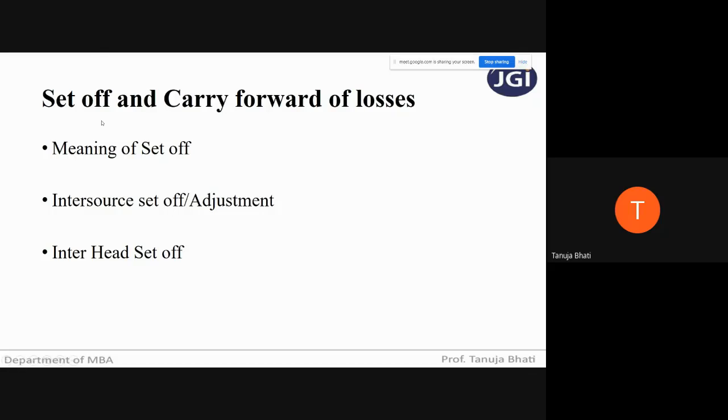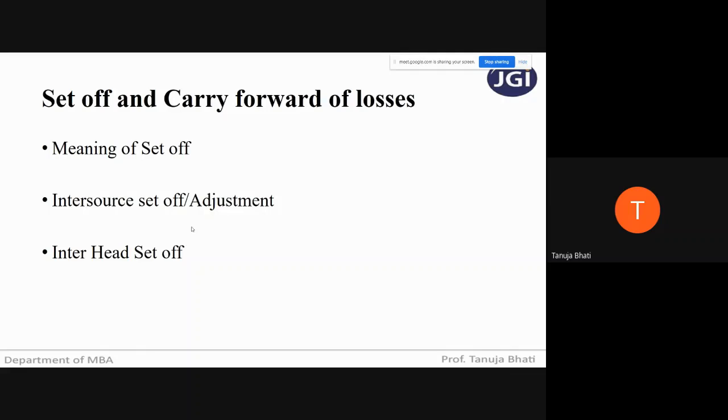Now, set-off arises only when there are losses. So we have long-term capital loss and short-term capital loss. But in case of inter-source set-off, long-term capital loss cannot be set off against short-term capital gain, though they are falling under the same head of income.